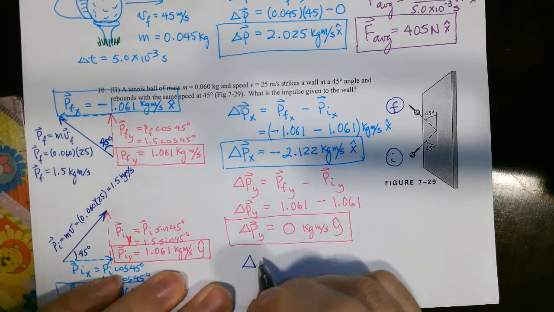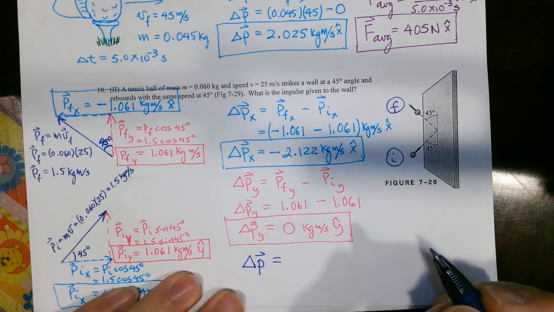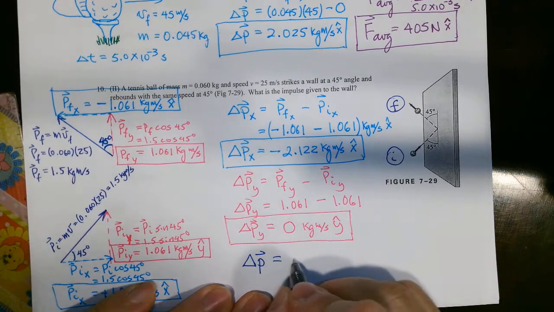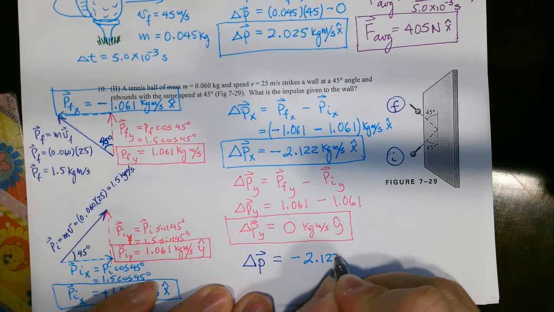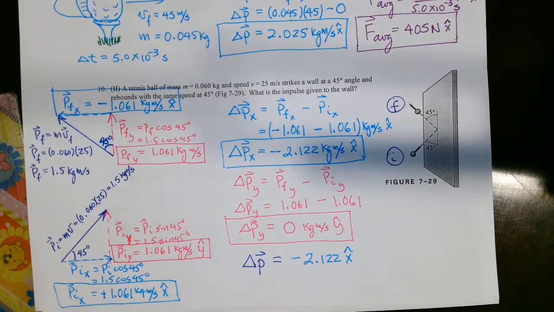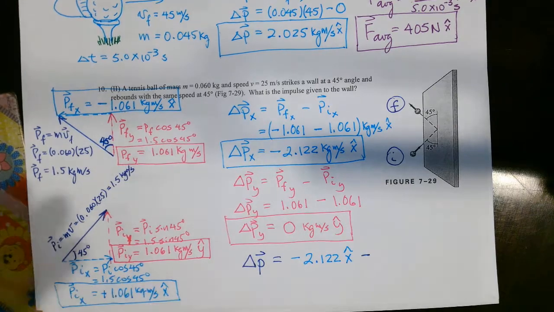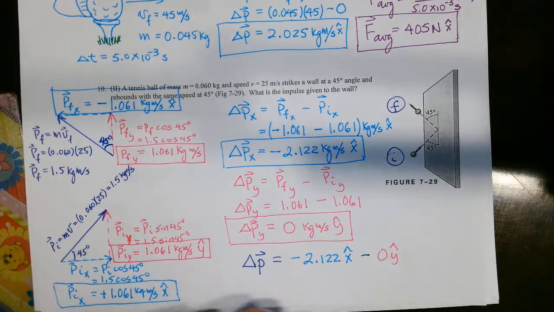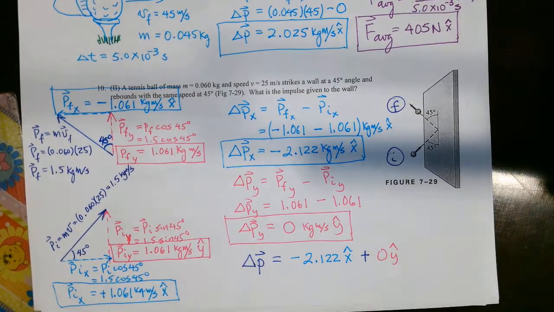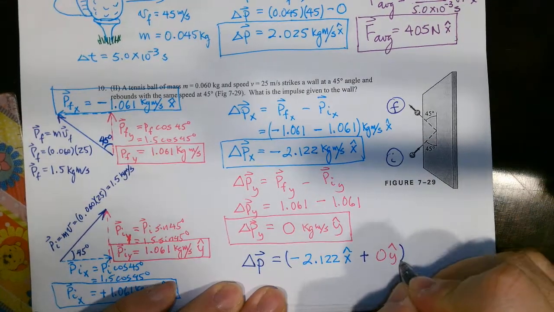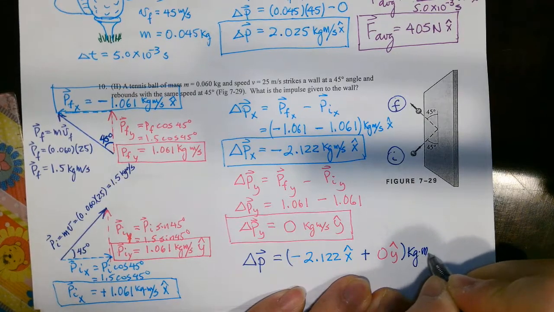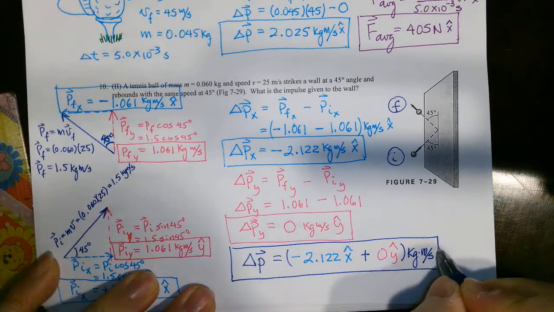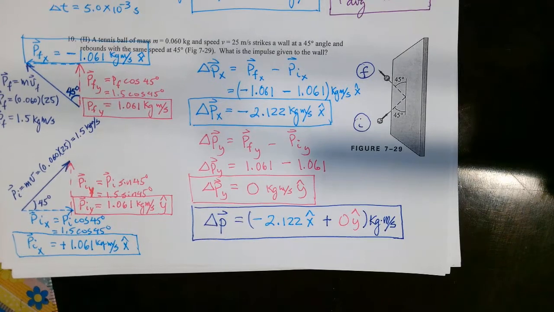The change in momentum for the whole system then basically simply comes out to, right, negative 2.122 x hat minus 0 y hat, or plus, you could say if you want to, plus 0 y hat, okay, kilograms times meters per second is what the total change in momentum is.